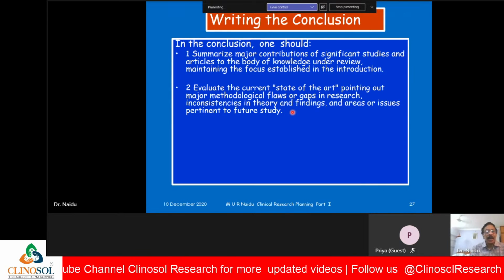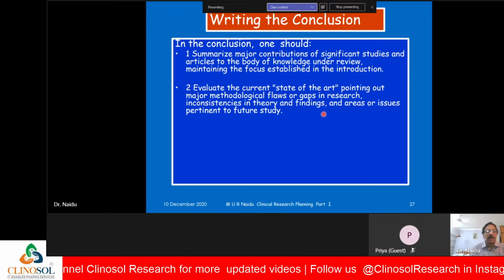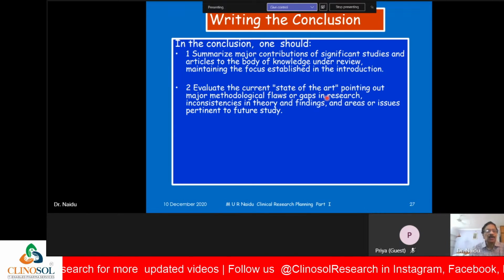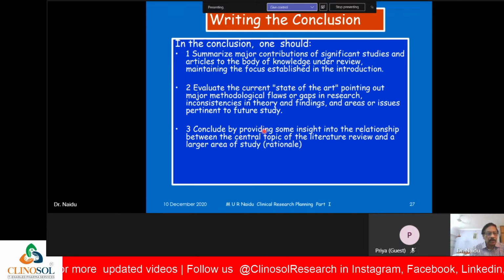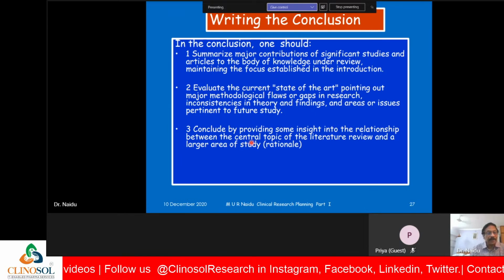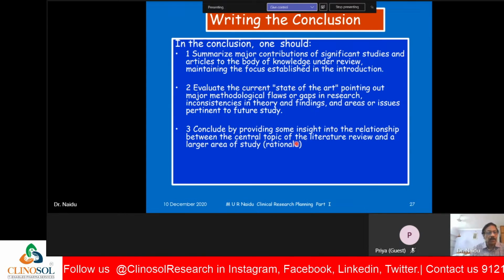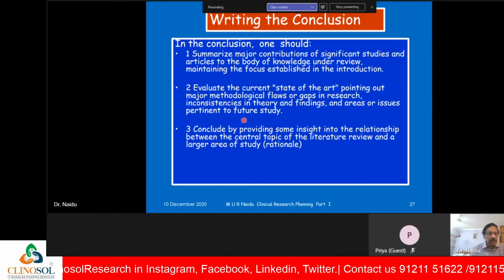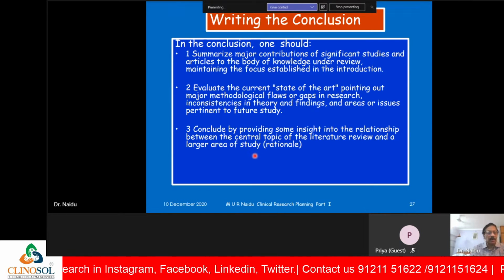For example, MRI or CT scan has to be used for the diagnosis of lung problems in corona. Like that, you have to put into your conclusion, and conclude by providing some insight into the relationship between the central topic of your literature review and the larger body of work. So writing the conclusion with these things is another very important thing.